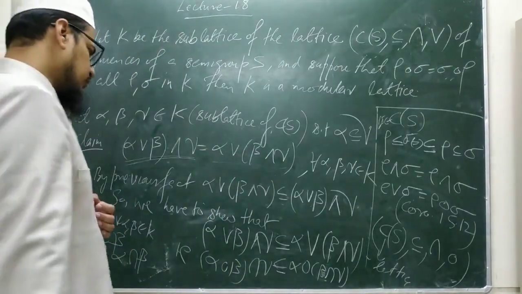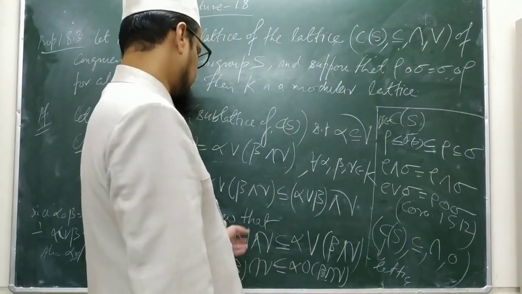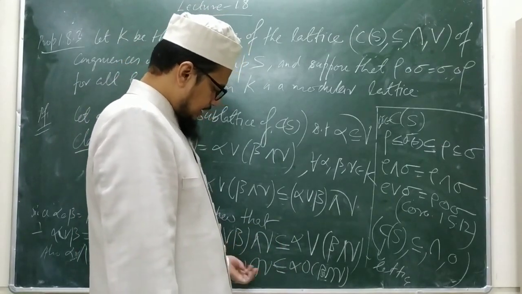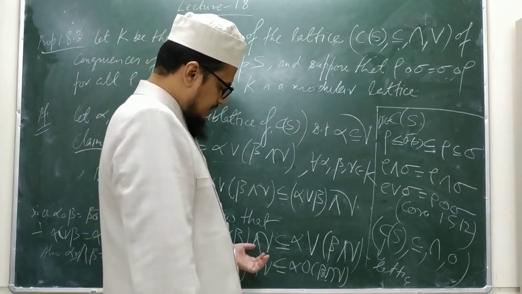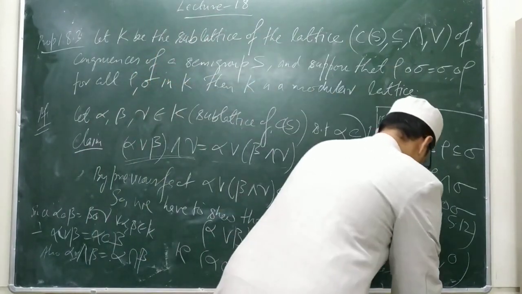So basically we have to prove that alpha composition beta intersection gamma is equal to alpha composition beta intersection gamma. So what we do, we take an element here in this and we prove, and finally we show that that element goes in this also. So we start.